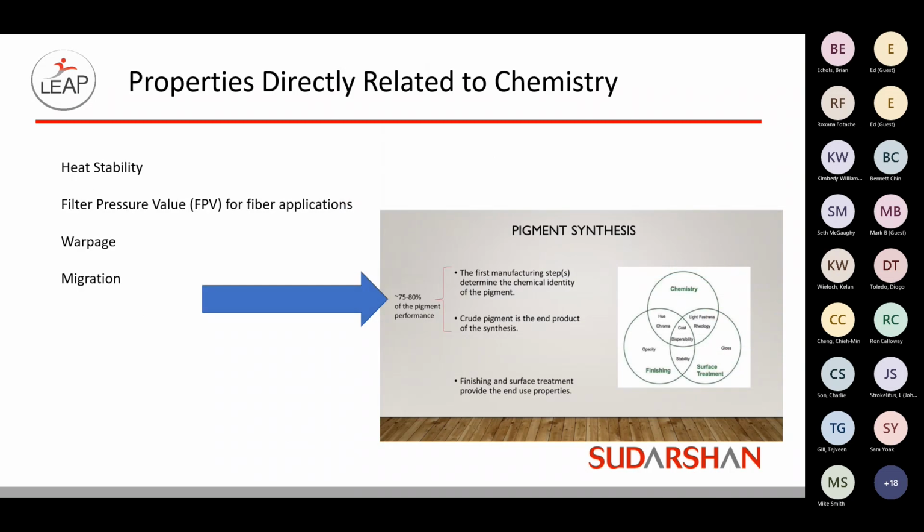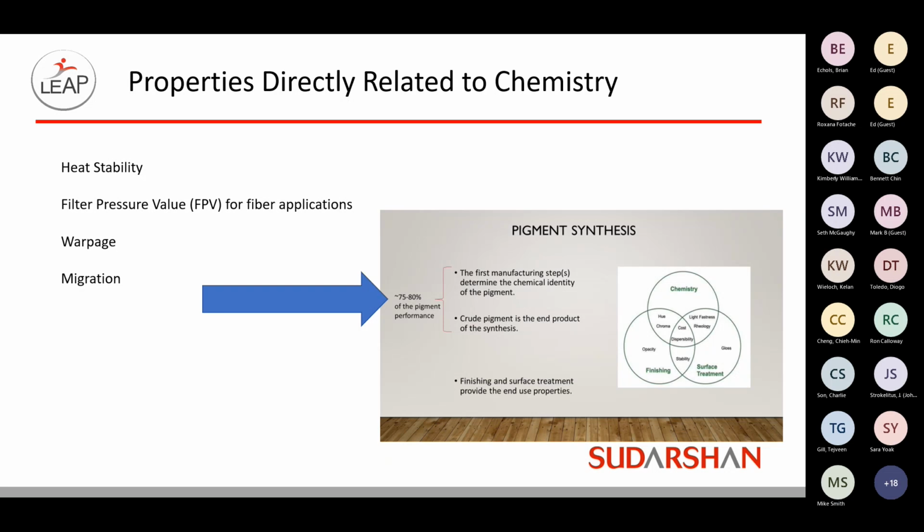So as the name implied, we wanted to take a look at properties that are related to both chemistry and finishing. So when we analyze all the information that we generated through this exercise, we determined that heat stability, filter pressure value, which we just saw, warpage and migration are the key areas from a performance perspective that are solely related to the chemistry.